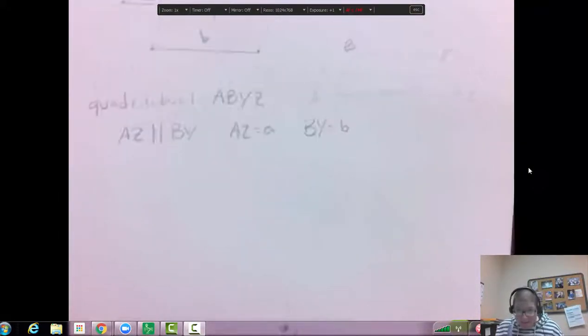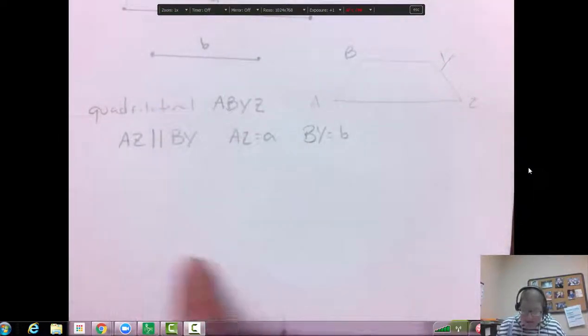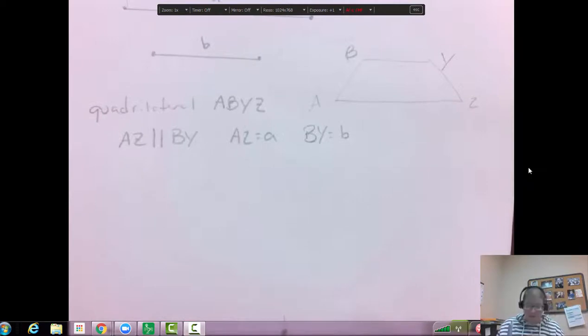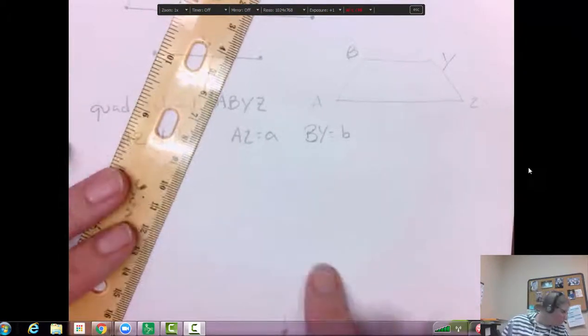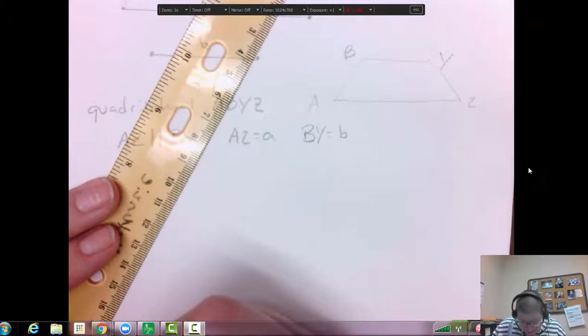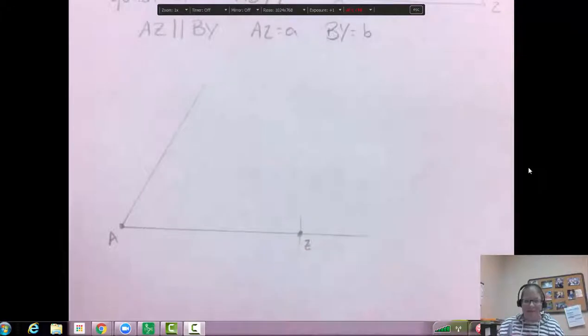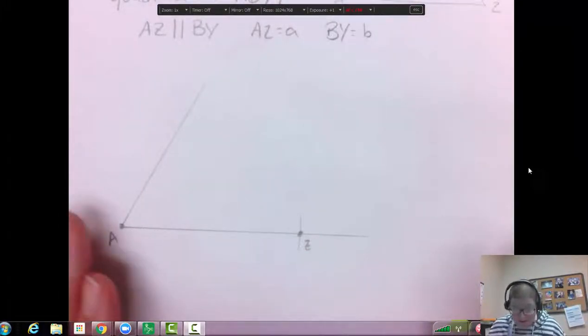Now I want this other BY to be the length of B, and I want it to be parallel. So what I'm going to do next is draw just any random ray, whatever you want to call it, up from A, and that's all I'm going to do, just construct that up.